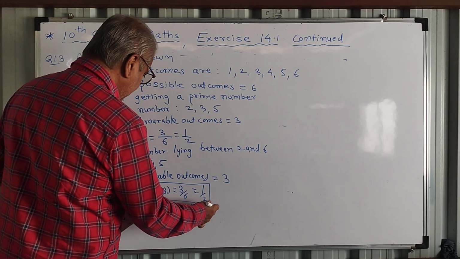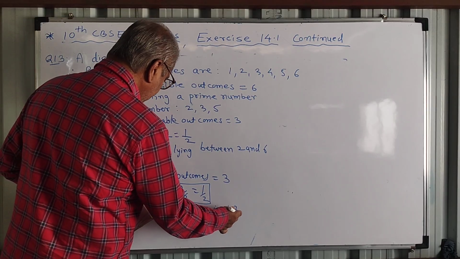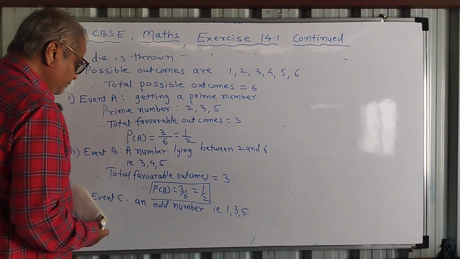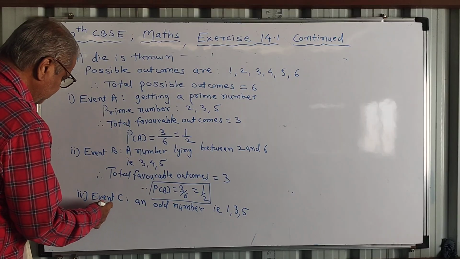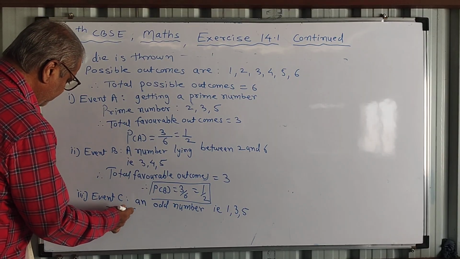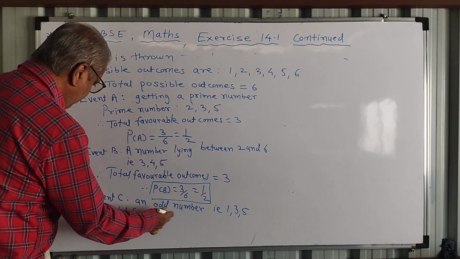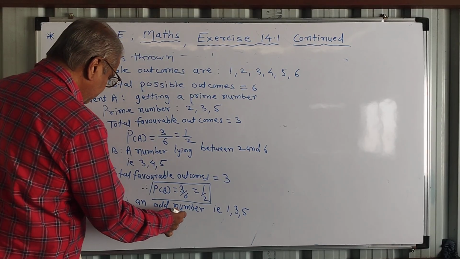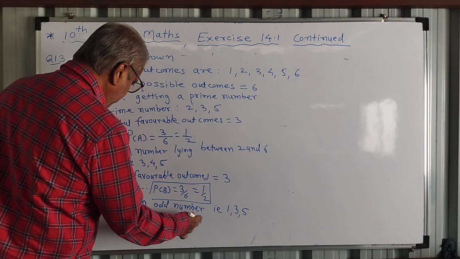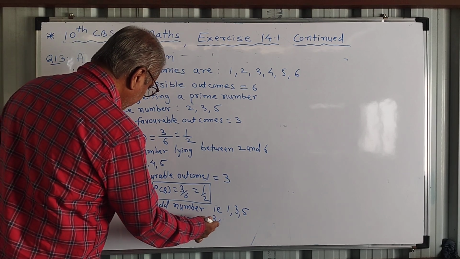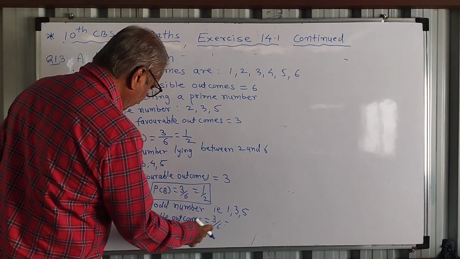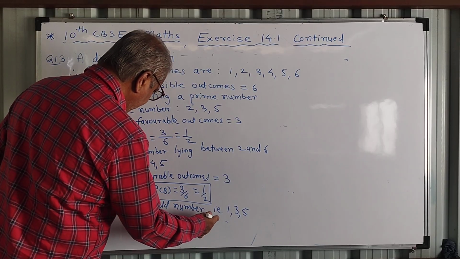Which are the odd numbers? That is 1, 3 and 5. So again favorable outcomes is 3.